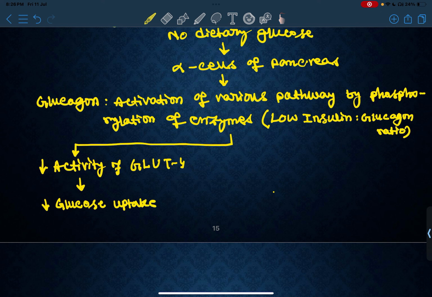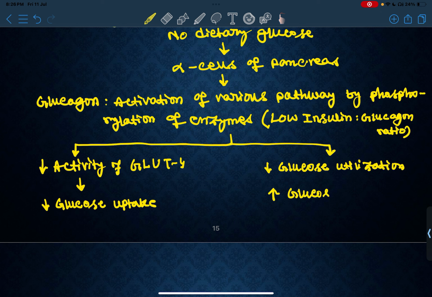On the other hand, it decreases glucose utilization and increases glucose generation.